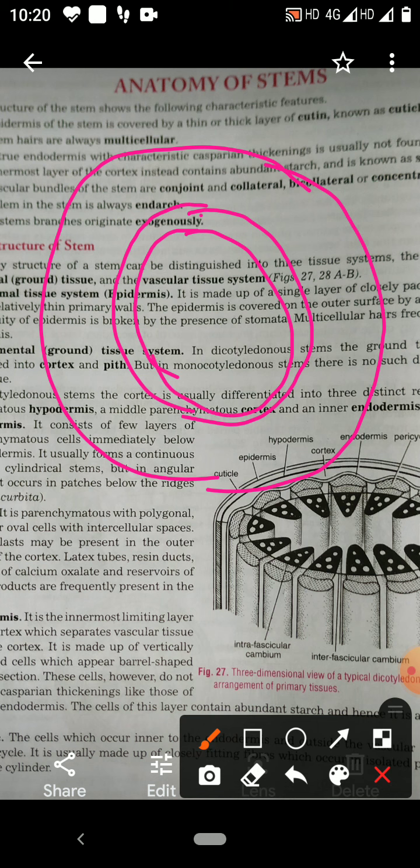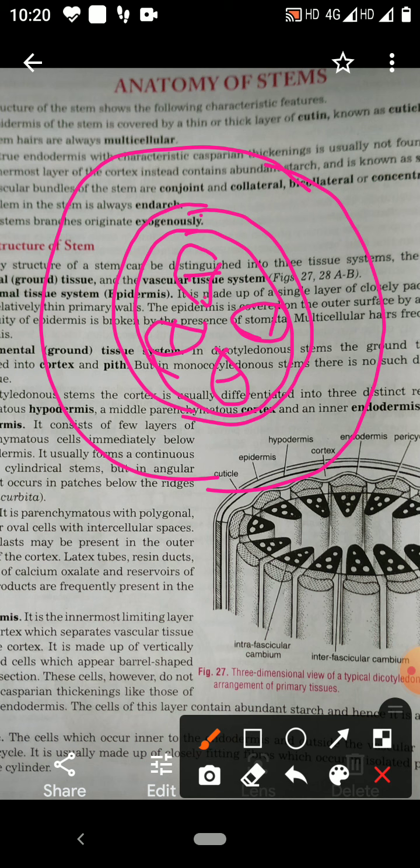After that, the bundles are present. These are the xylem and phloem.